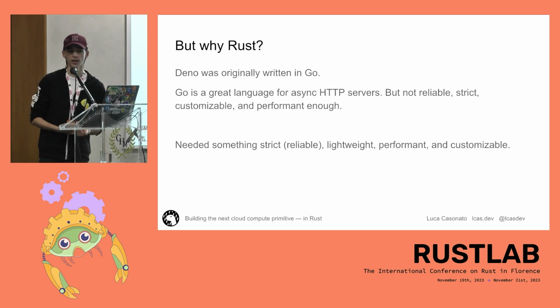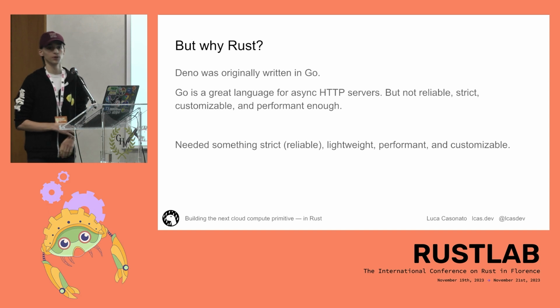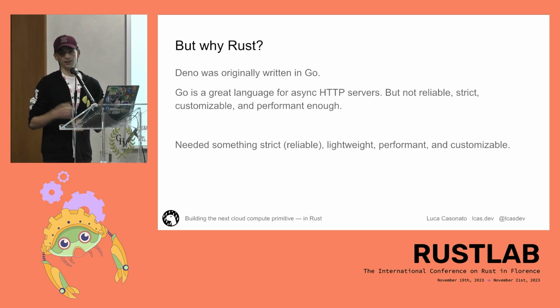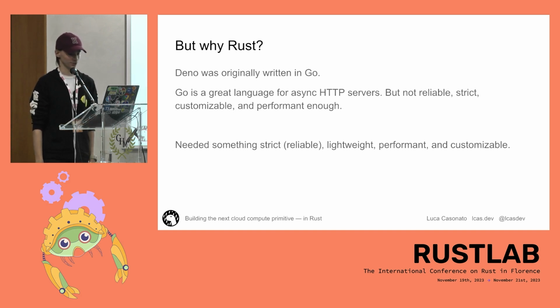Something that was super lightweight for us to do very lightweight virtualization with. Something that was very performant because, hey, if you're already using a language that is not known for its dramatically fantastic speed, you don't want to make it even slower by making your host side of that slow too.